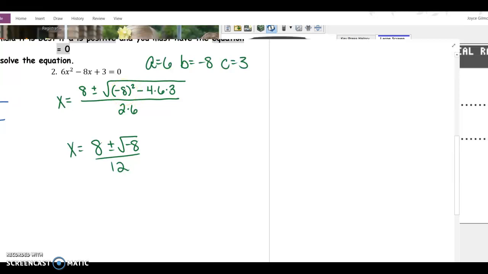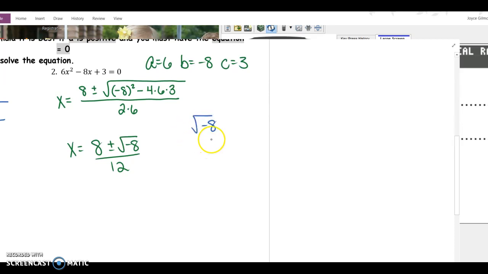Write down positive 64 minus 4 times 6 times 3. That way you won't make that mistake in your calculator. All right, so we have x equals 8 plus or minus the square root of negative 8 all over 12. What do you think we're going to have to do next?